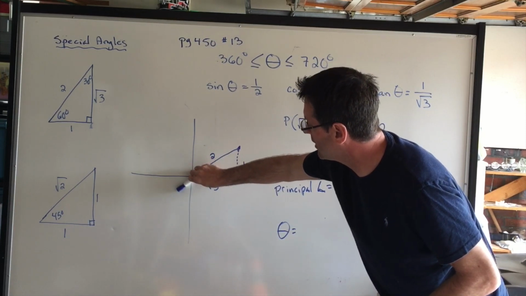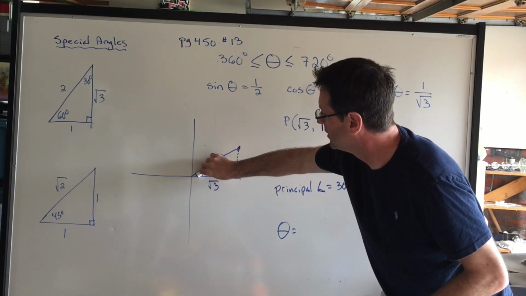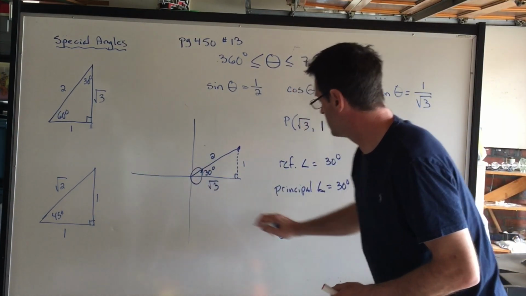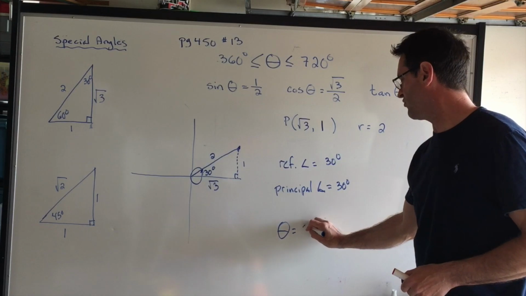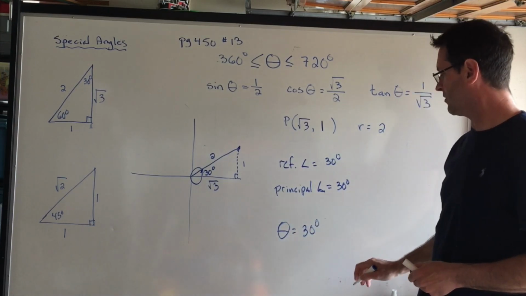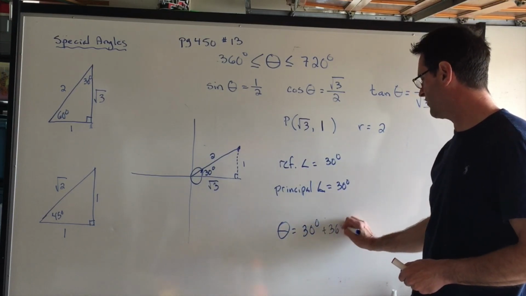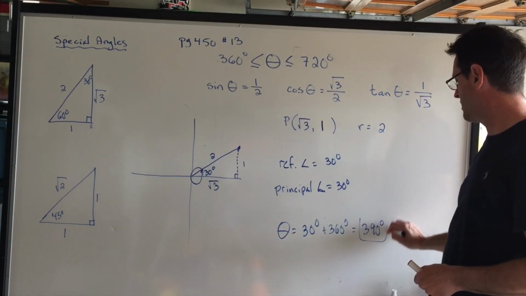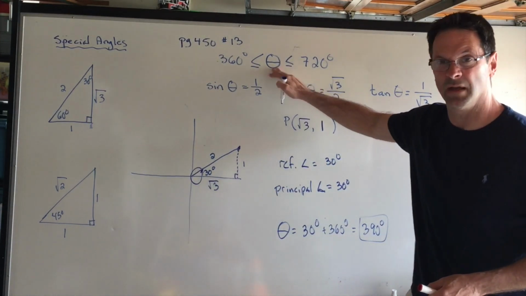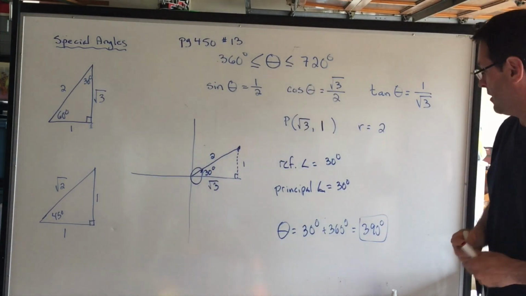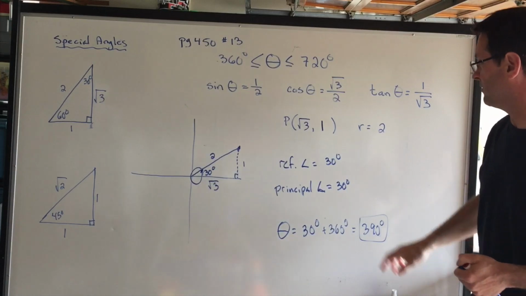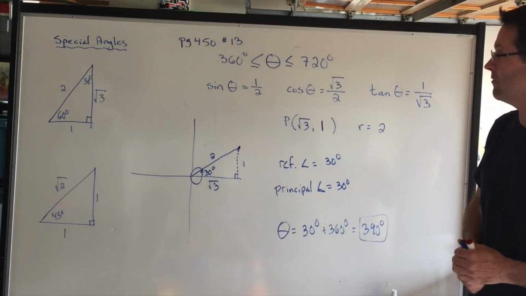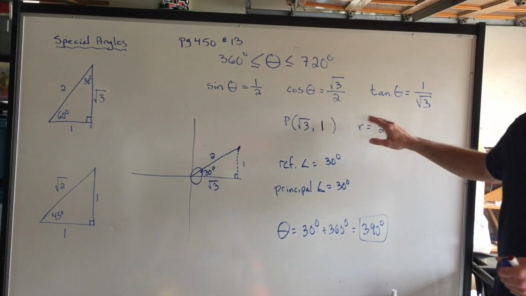If I go all the way around again, my angle in standard position would be the principal angle, 30 degrees, plus another 360 degrees, which is 390 degrees. Does that fall within the domain? Yes, it does. If you were to take your calculator and find the sine, cosine, and tangent ratios for 390 degrees, they're going to give you these numbers back as a decimal.